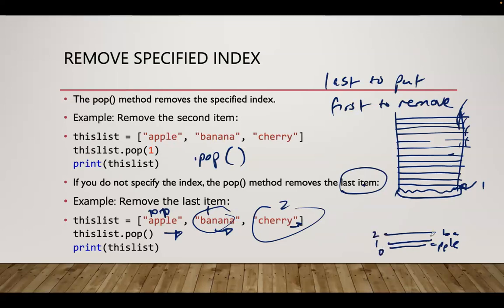So of course, this is the last item in the list, and that's why it's going to pop this off. Is that understood? Do we understand it? Okay, if we understand it, then we should move on to the next level.